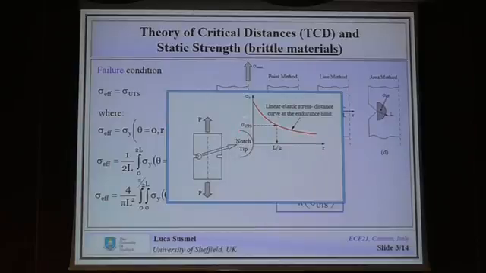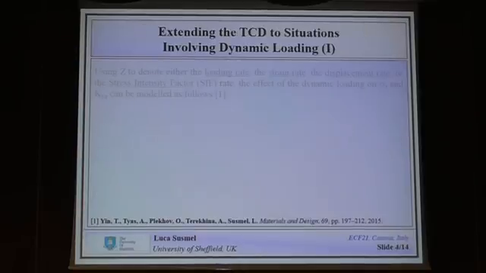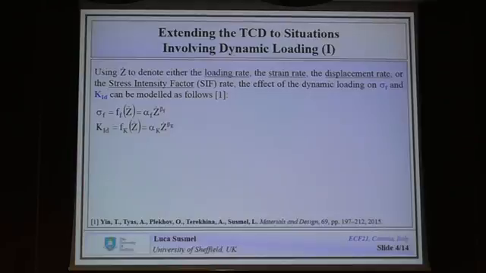So that's the trick. We assume the material UTS is known a priori, and we can estimate L. This is the trick we are going to use in a different way to estimate L under dynamic loading.